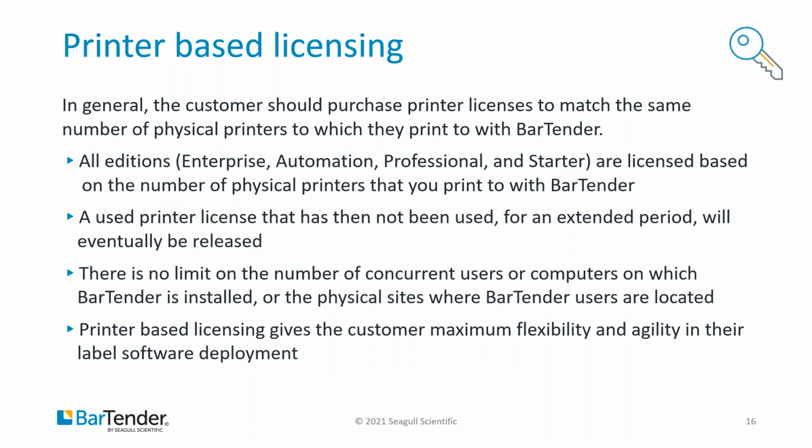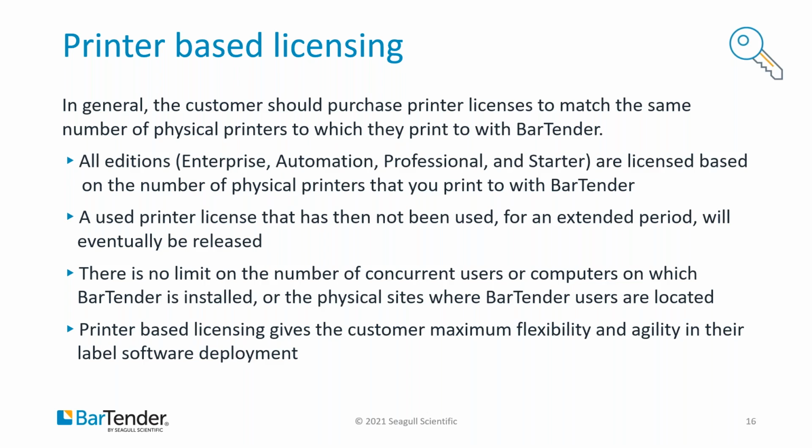Printer-based licensing. So we have the BarTender software license, which dictates the version that it supports, the edition, the number of features it supports, but also tied up with that is the number of physical printers that the license covers.